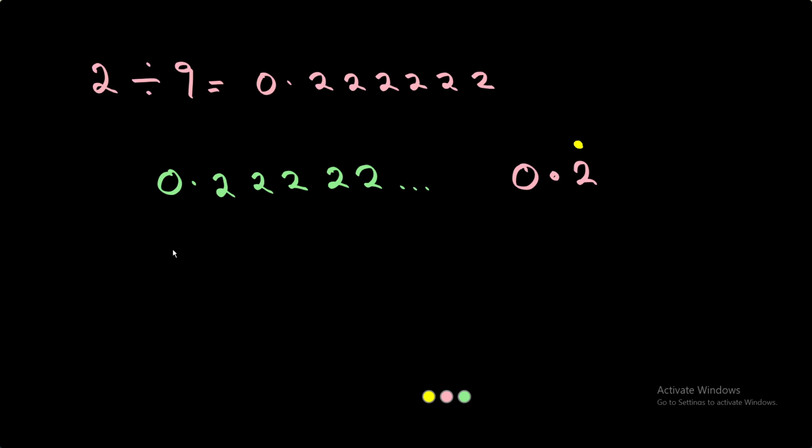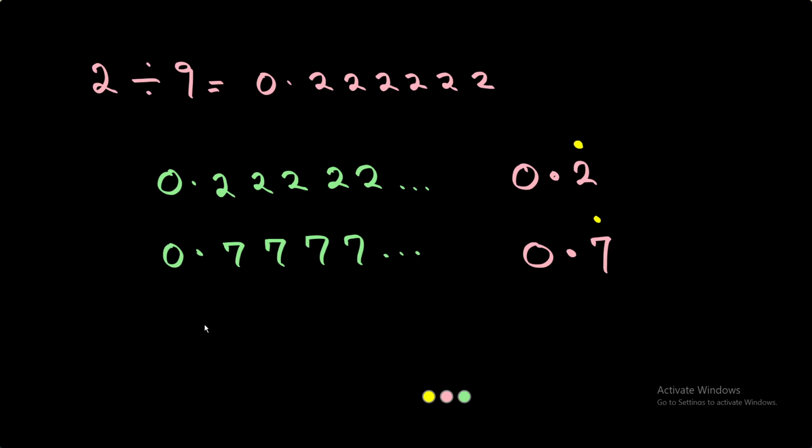Similarly, if we have a number like 0.7777 recurring, in short form it means 0.7 with a single dot on the digit 7, meaning that the digit 7 is recurring.